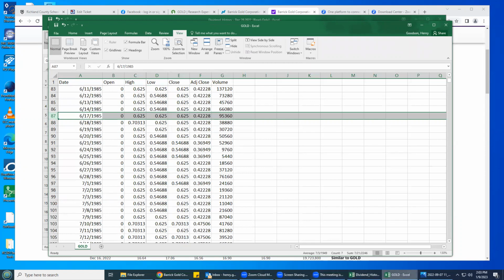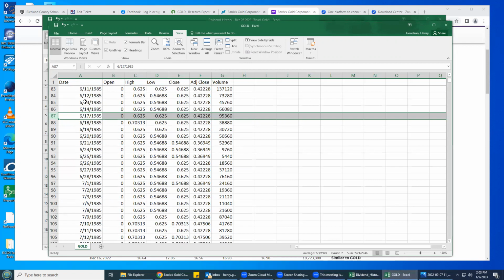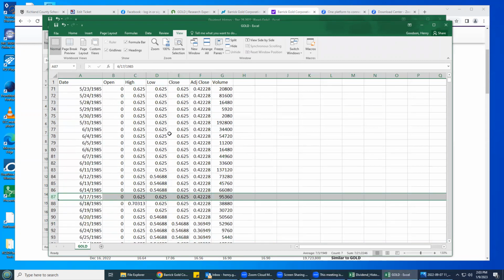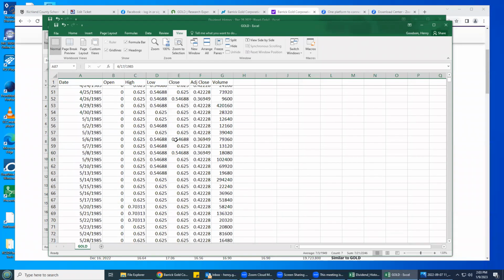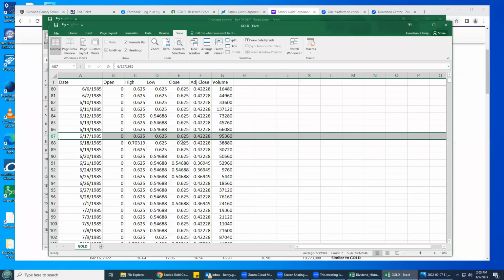Let's go check and verify that. It said the pay date was 6/15/1995. Must be got the wrong stop. This is saying the price on 6/15/1995, so you see the price at 62 cents.